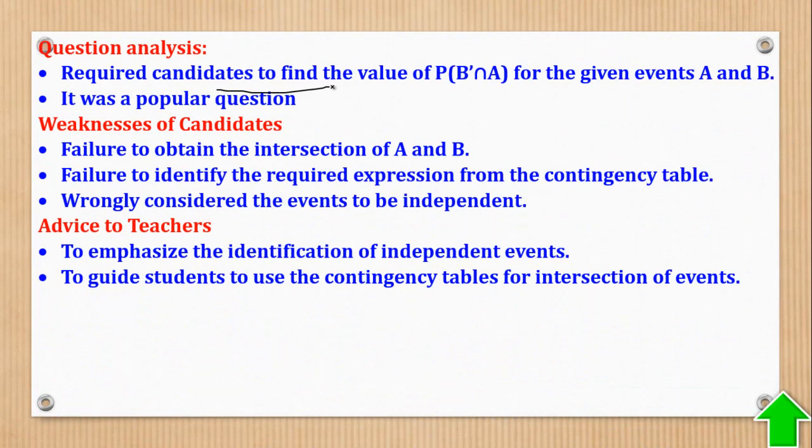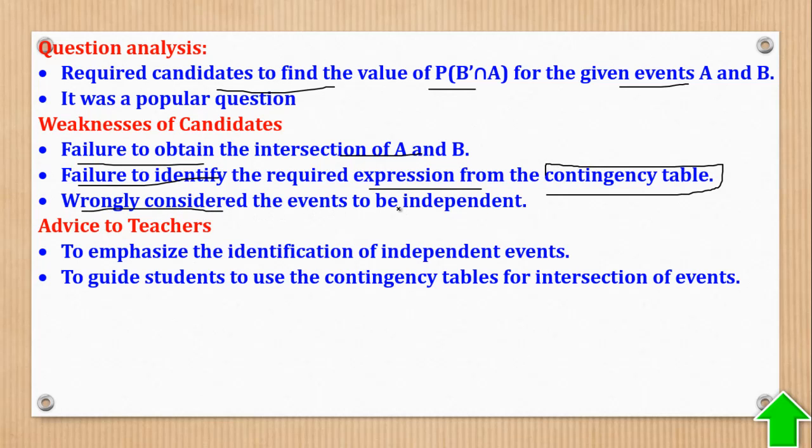So the question required candidates to find this probability for given events A and B. The weakness was failure to obtain the intersection of A and B, and that's where marks start from. Then also failure to identify the required expressions from the contingency table, and also wrongly considering the events to be independent.